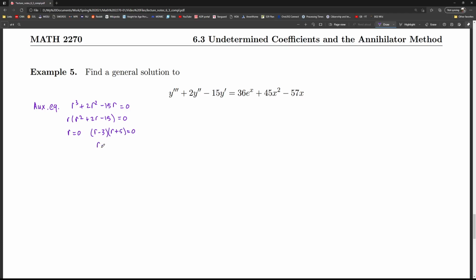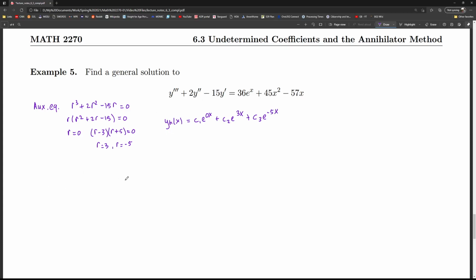And that means r equals 3 or r equals negative 5. So all of this together tells us that the homogeneous part of the solution is going to be c1 e to the power 0x plus c2 e to the power 3x plus c3 e to the power negative 5x.